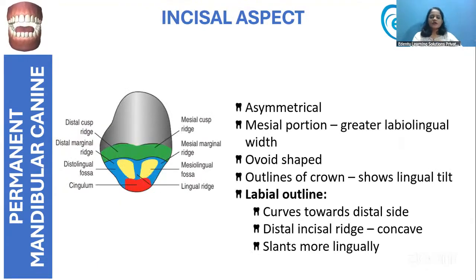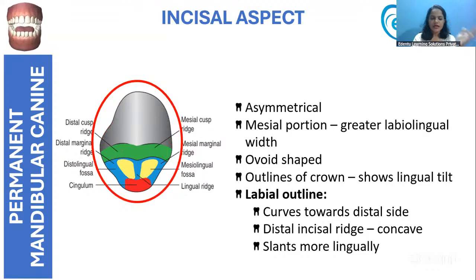Okay. Now, next is the incisal aspect of the mandibular incisor. From this aspect itself, it is very evident that it is roughly ovoidal in shape. And look at the distal side. The distal side is very prominent and stretched to contact the first premolar.